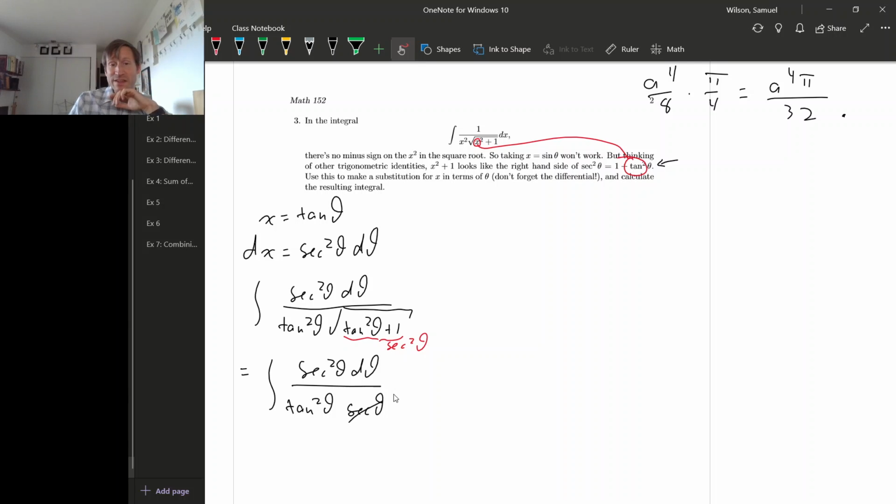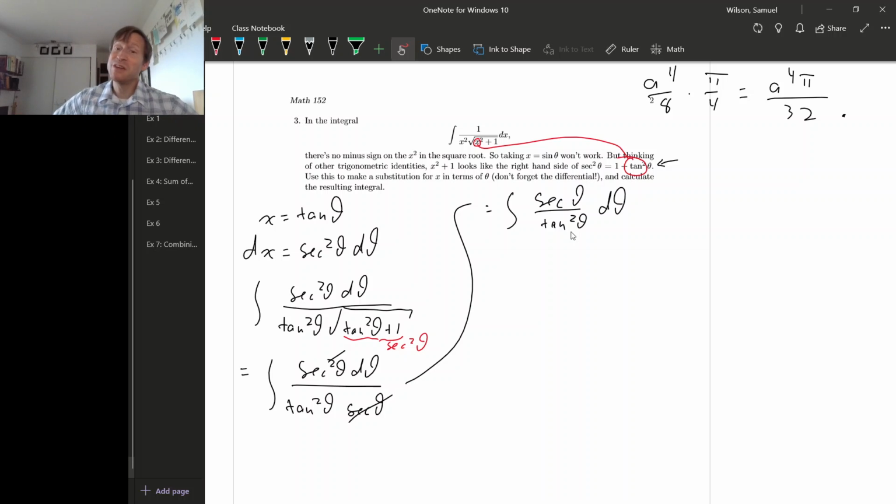Now we can simplify this, so cancel a factor of secant, and we get integral of secant theta over tangent squared theta d theta. Now what to do with this? Well, it's kind of hard to know, but one thing you can always try with trig functions is rewriting everything in terms of sine and cosine.